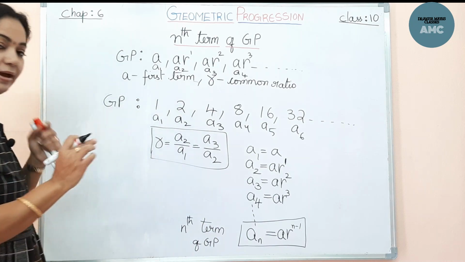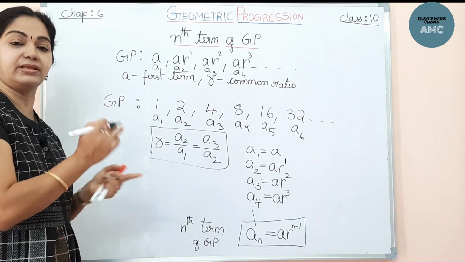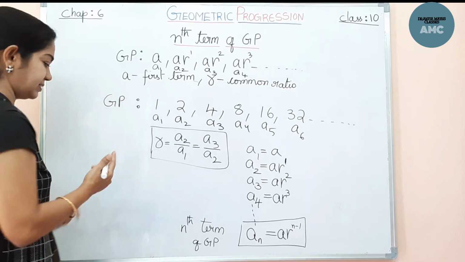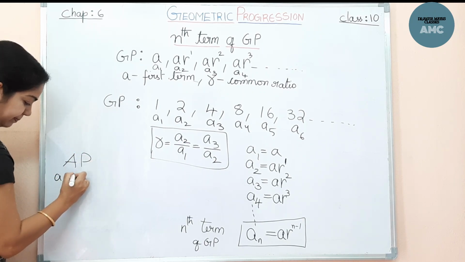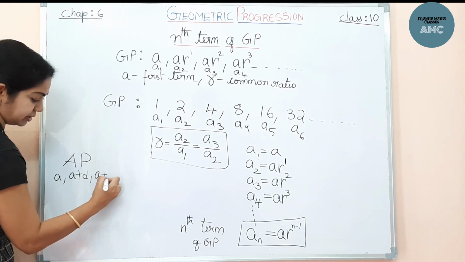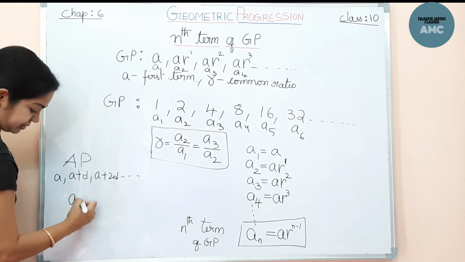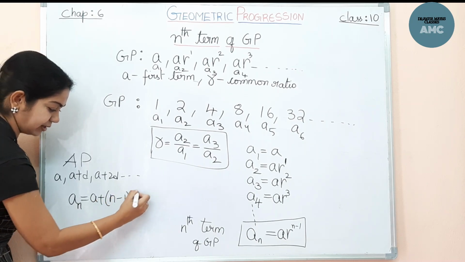Now when you are learning something, the nth term of GP, do not memorize the formulae by heart, but you have to compare it with the other one which you have learned previously. Like we know the AP series, right? Now a plus d, a plus 2d, and so on. Now the nth term in AP is a plus 1 less, n minus 1, into d.